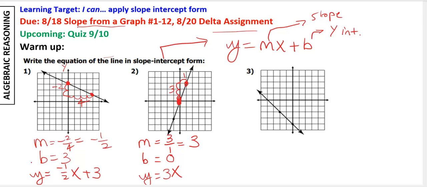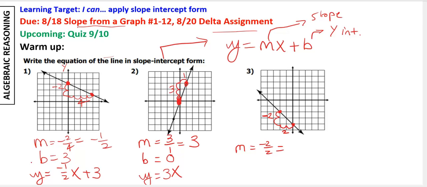All right, last but not least, number 3. Here is my 2 points. Point on the grid, point on the grid. Start on the left. This goes down 2, which is -2. It runs to the right 2. So my slope, my rise over run, down 2, right 2, -2/2.